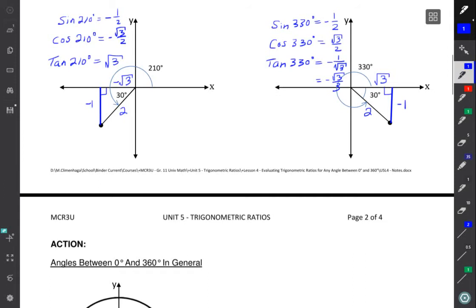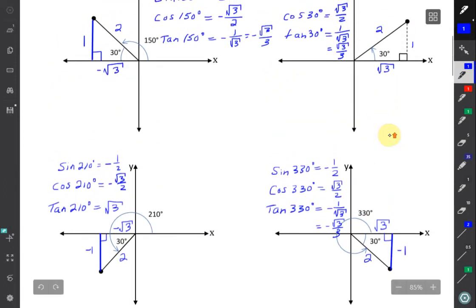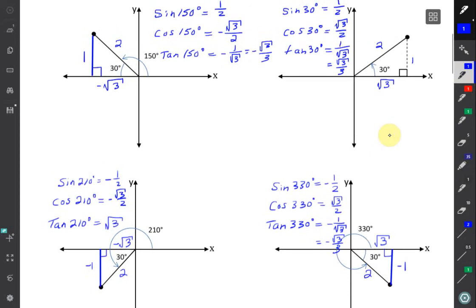Now, a few things to stop and make note of in this system. Notice that for any acute angle, there are 4 other positions for that angle to be drawn to form an acute triangle that relates to obtuse or oblique angles.